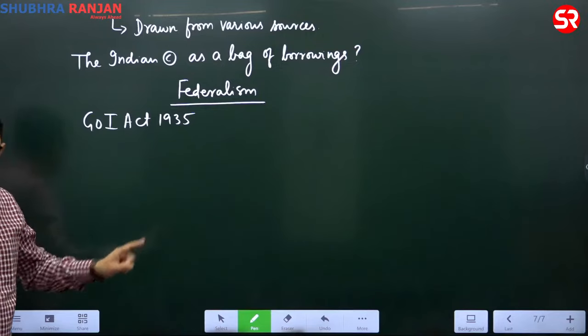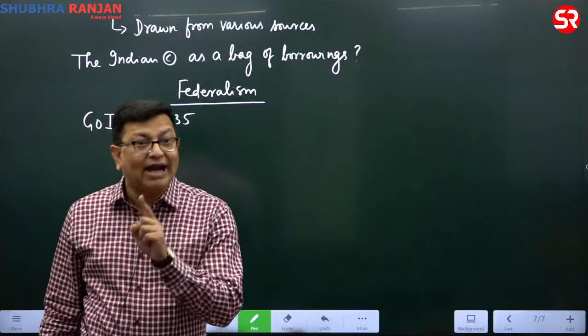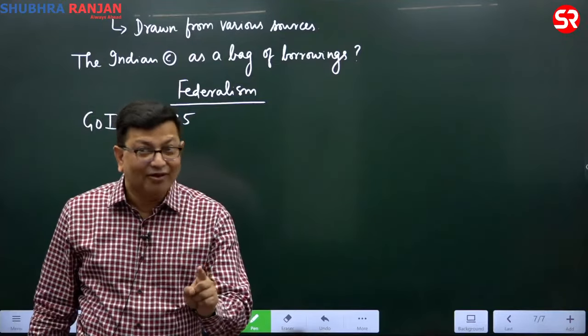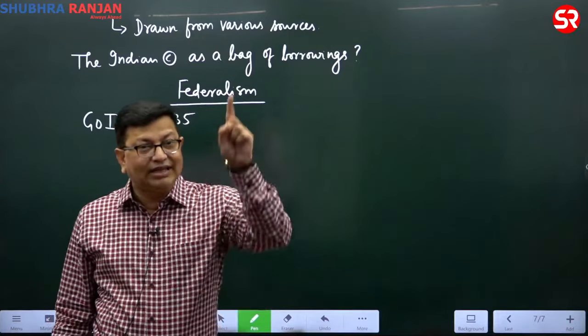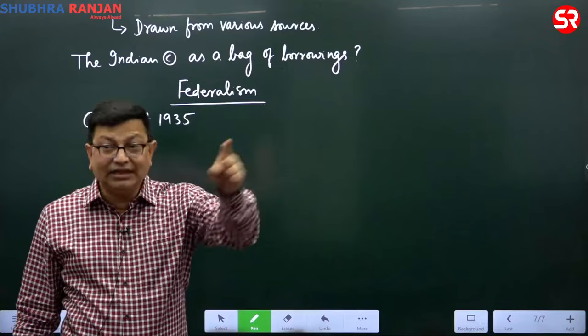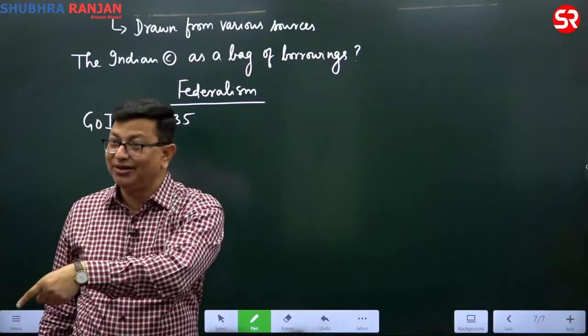Because you see, the Government of India Act 1935 provided for elections for the provincial assemblies. It means that there was a central government and there were provincial governments also, and the governments were also formed.